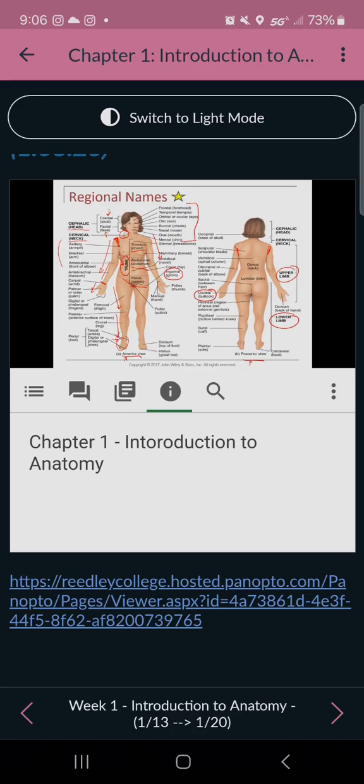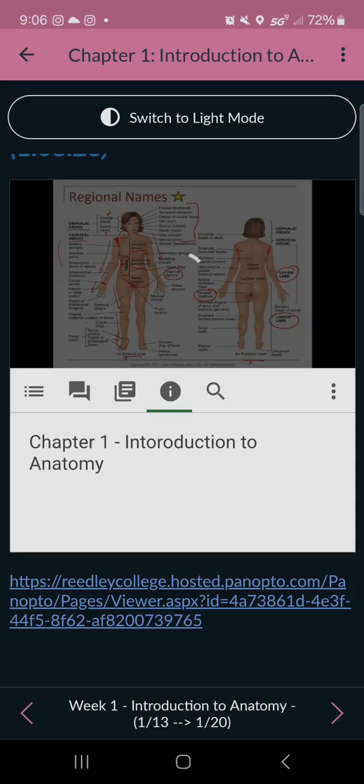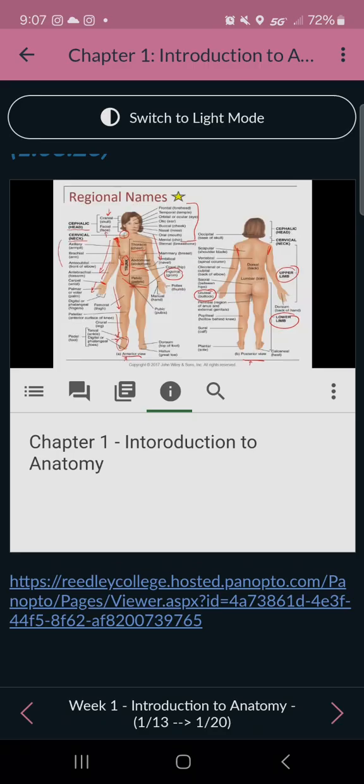For example, the Latin word axilla is the anatomical term for armpit, okay? So thus the axillary nerve is one of the nerves passing within the armpit, okay?